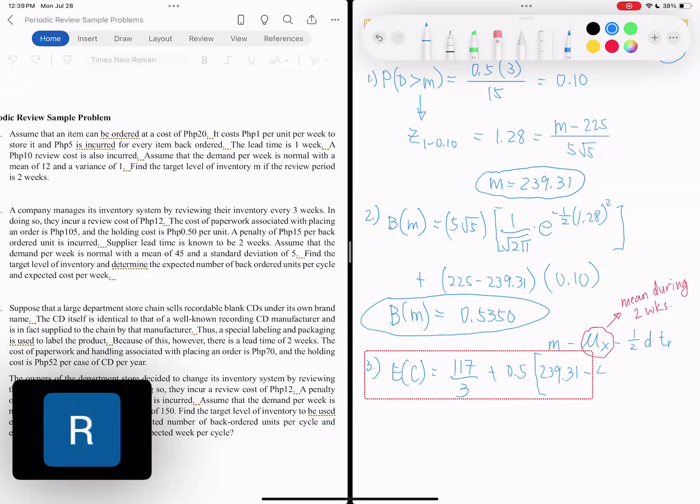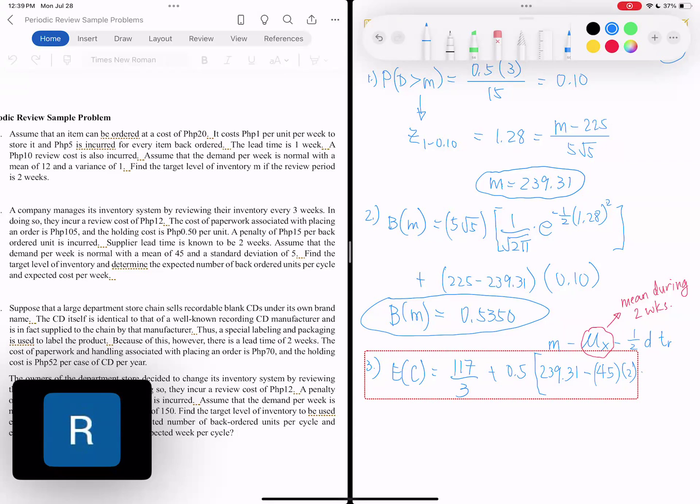This should be 45 times 2. 45 times 2, 90, represents your average demand for 2 weeks. If 45 per week, then 90 for 2 weeks, right? That's why it's important that you know the definition.